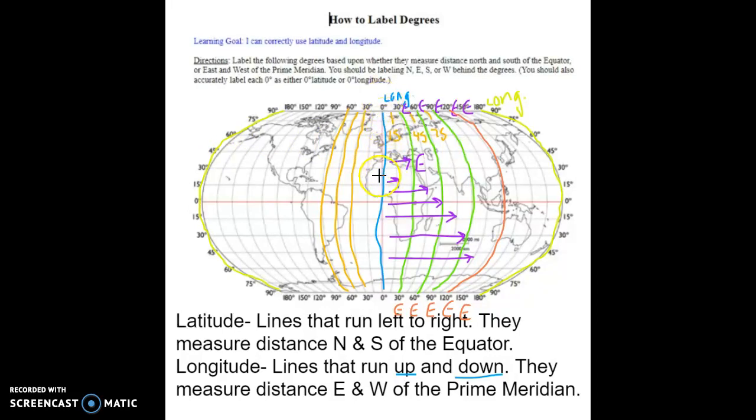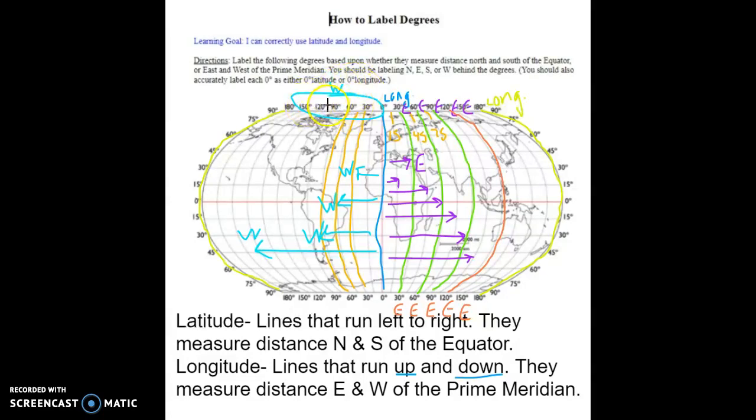So we start off at 0 and say, well, to get to this line, I had to go west. To get to this line over here, I had to go west. To get to this line, I went west. To get to all of these lines, we are going west of 0, west of the prime meridian. So all of these lines here are going to be labeled as west.